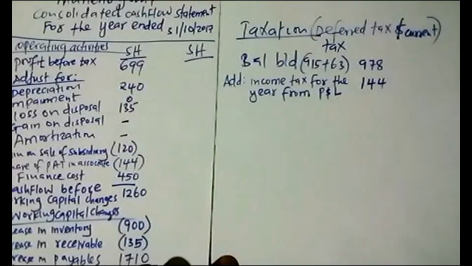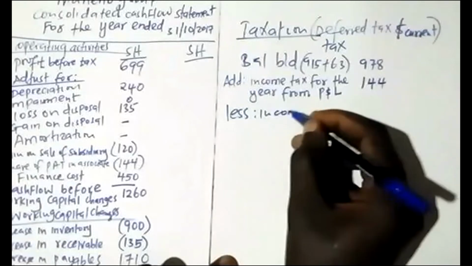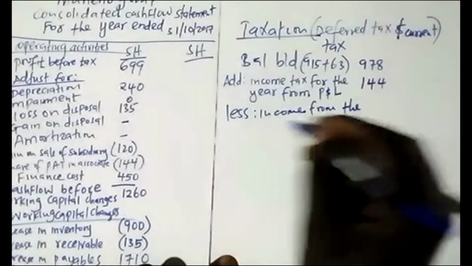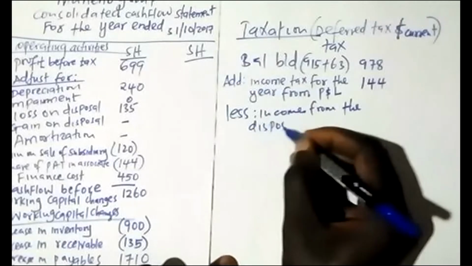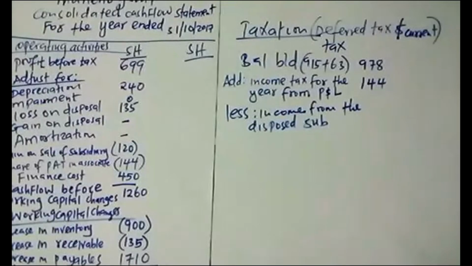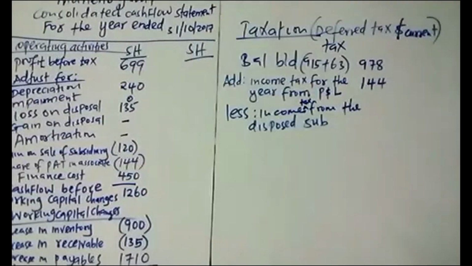Then after that, we have to raise the income tax, the tax from the disposed subsidiary. So that is income tax.